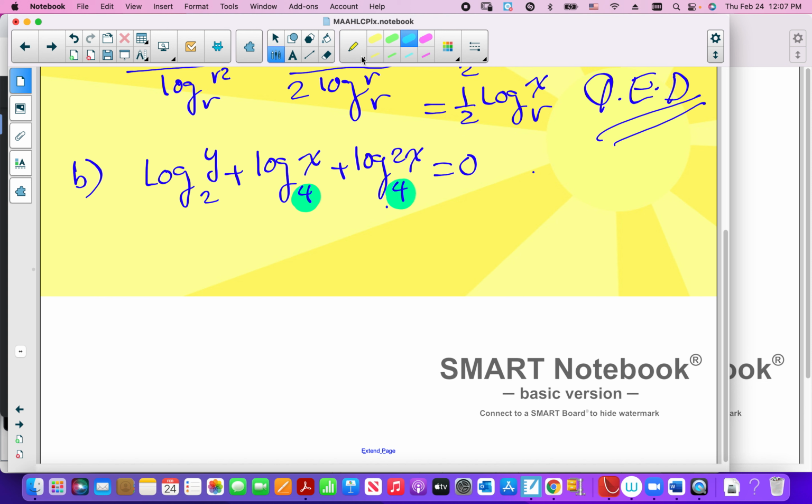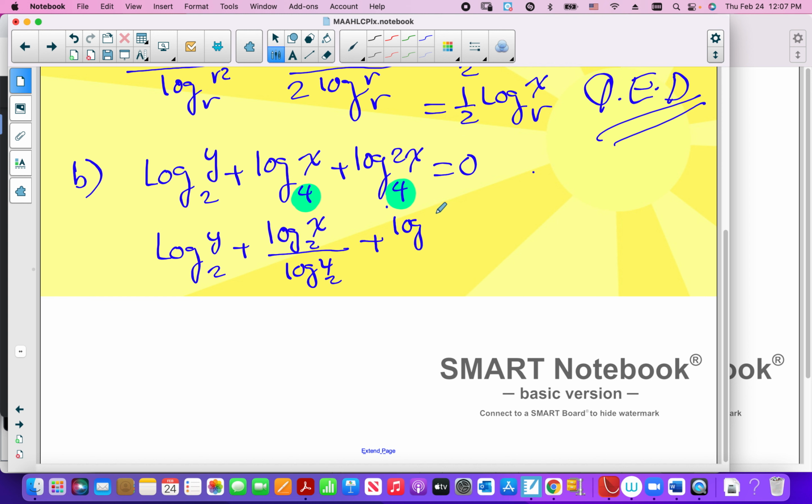So I'm going to use the different base theorem. So that'll be log y base 2 plus log x base 2 over log 4 base 2 plus log 2x base 2 over log 4 base 2 equals 0.